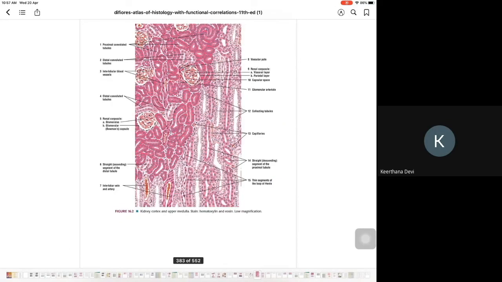Figure 16.2, kidney, cortex and medulla, stain hematoxylin and eosin, low magnification.